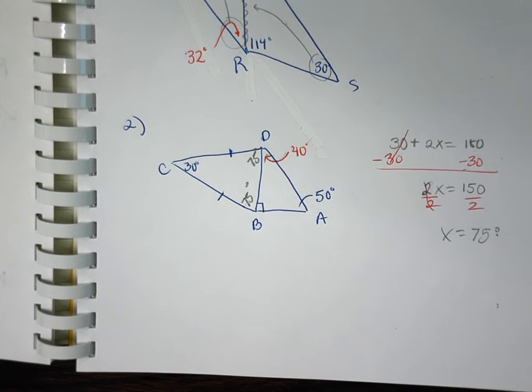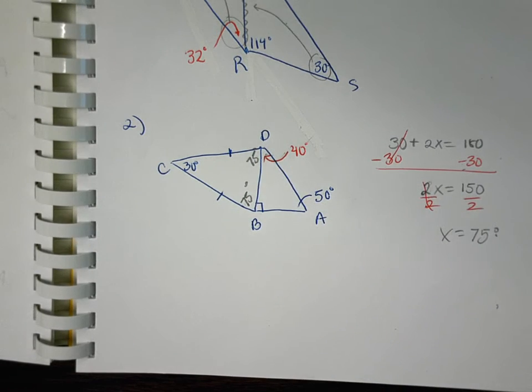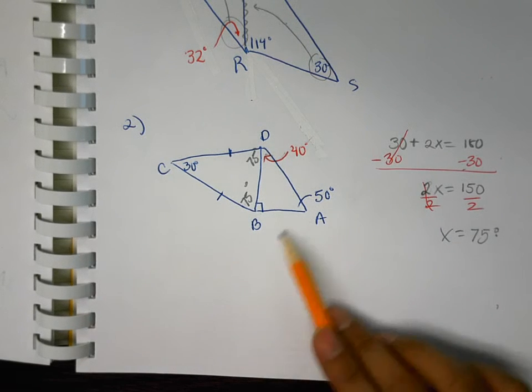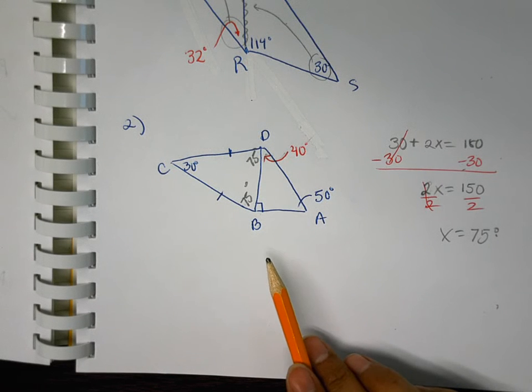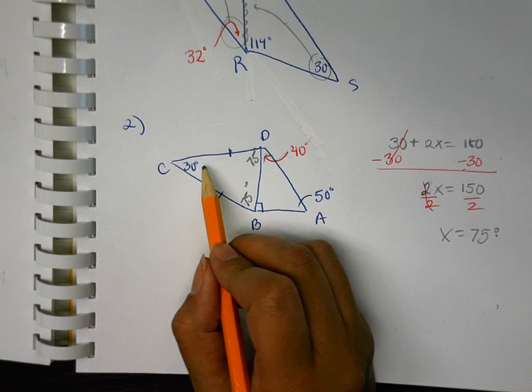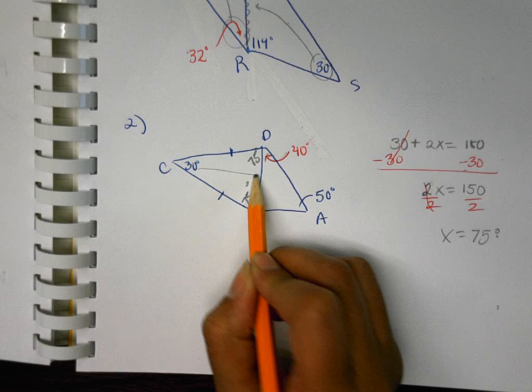Okay. Any questions how we found our angle measures all around? Now, when I have two triangles that share a side, what I look for is the smallest angle all around in both of them. What is the smallest angle all the way around? 30? What side is opposite the 30?